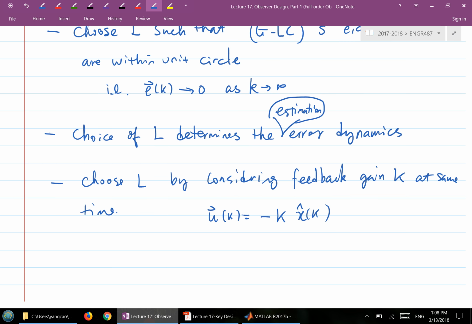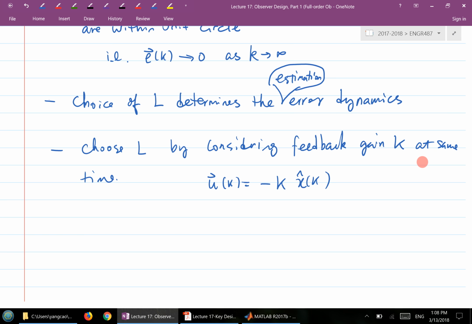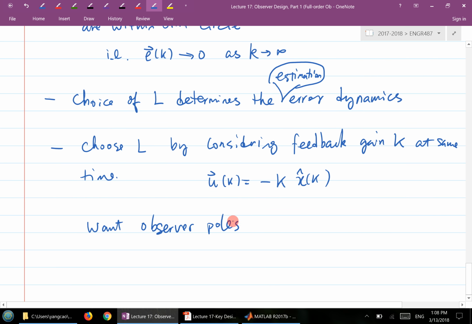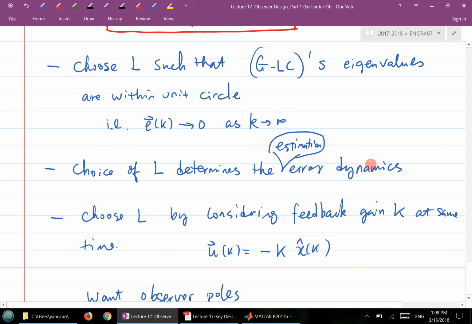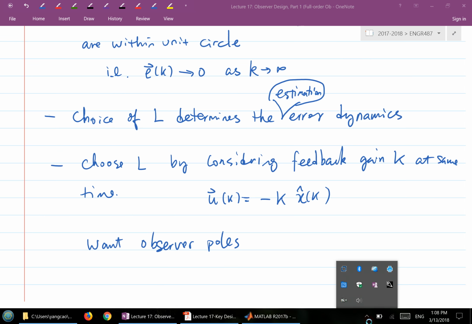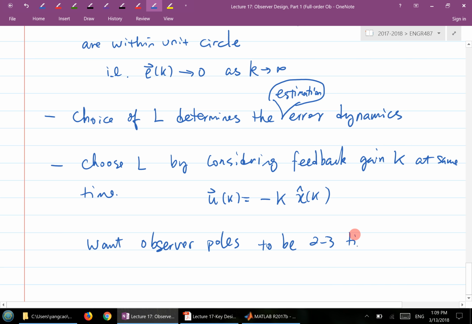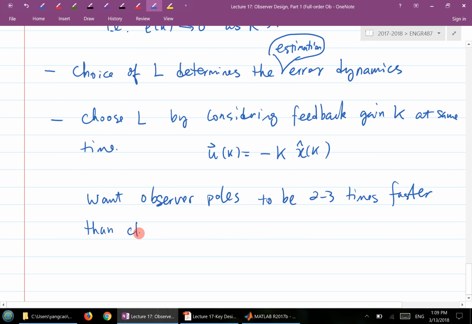So when you choose L, remember this rule here: you want your observer poles to be 2 to 3 times faster than the closed loop system poles.